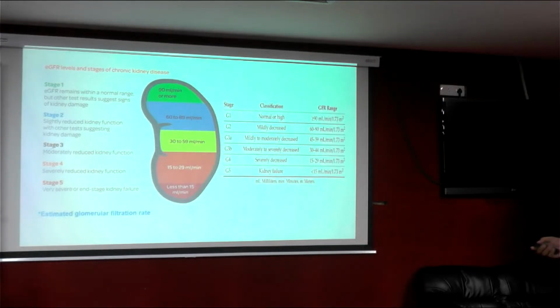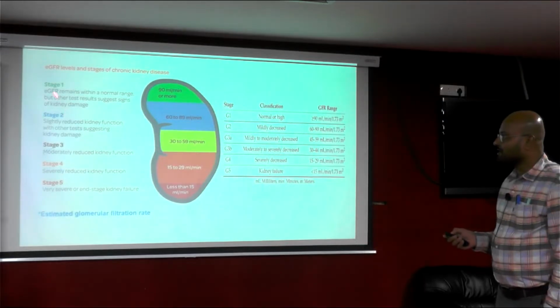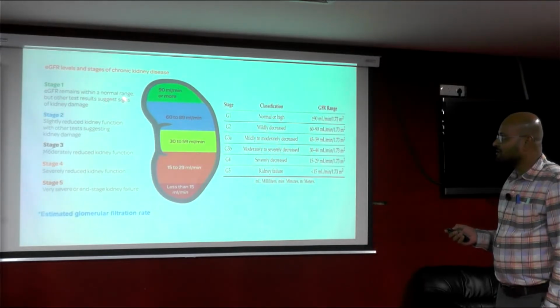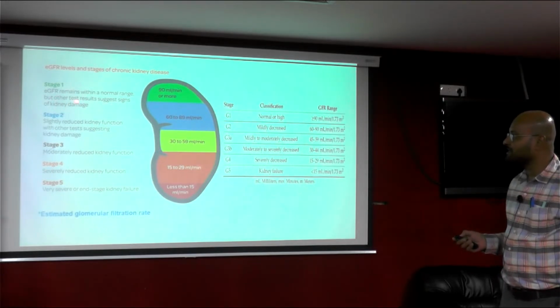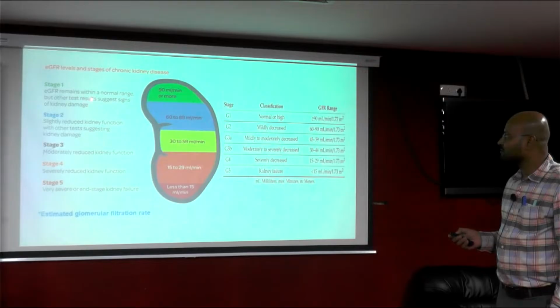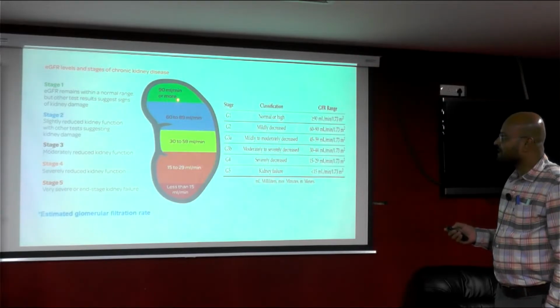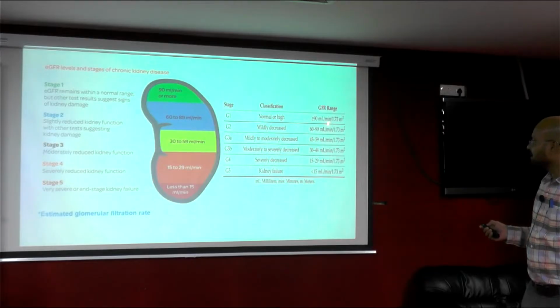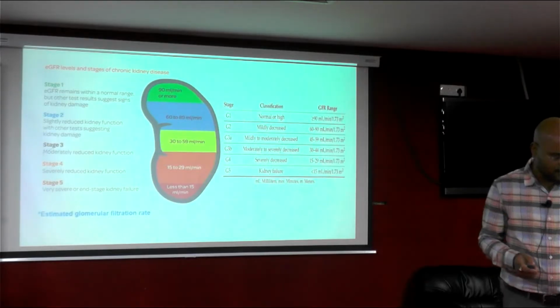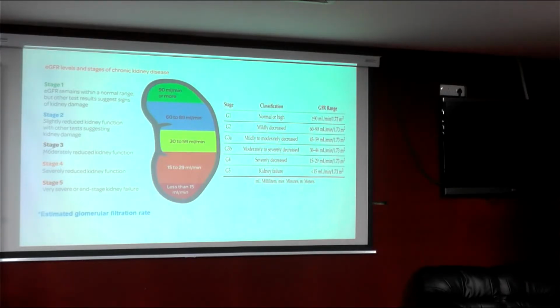So this is stage 1. If your eGFR remains within the normal range, but other test results suggest signs of kidney damage, that is stage 1. So in stage 1, the kidney purifies the blood at 90 ml per minute per 1.73 meter square or more.